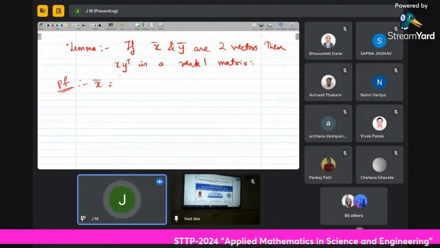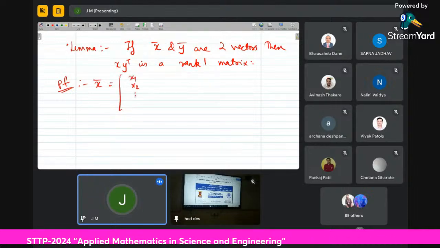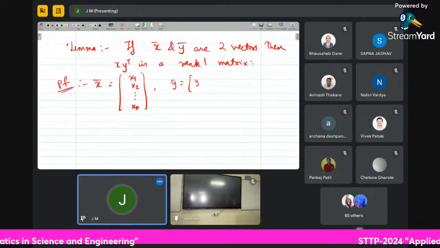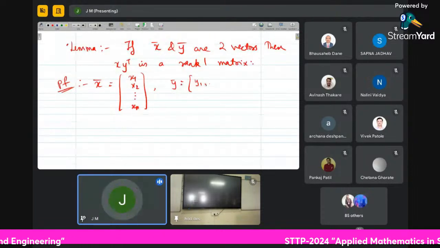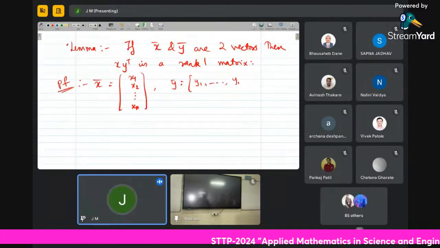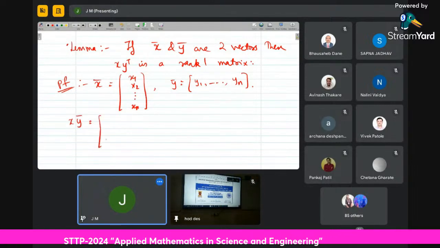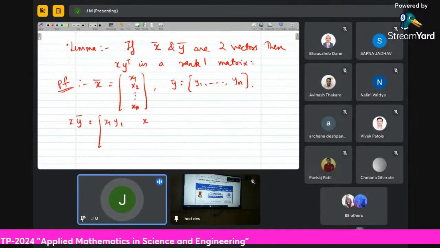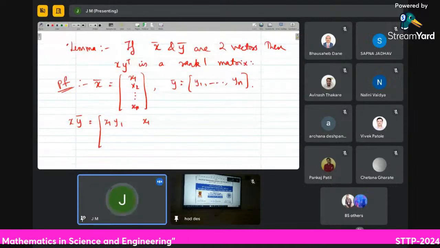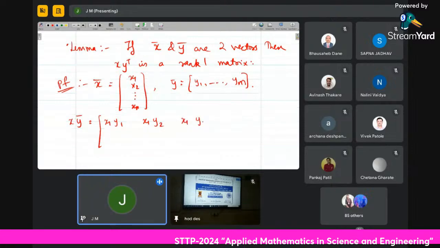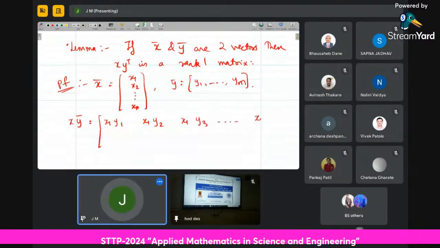My x bar is, suppose, x1, x2 up to xn. My y bar is, say, y1, y2, y3 up to ym.